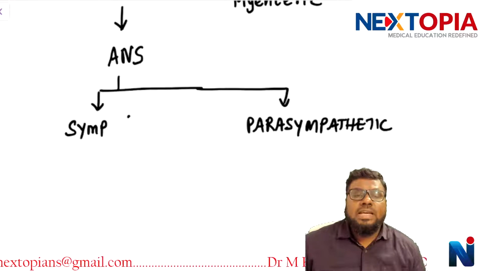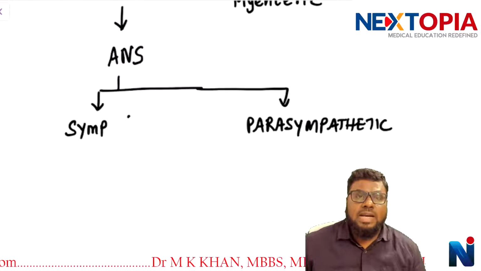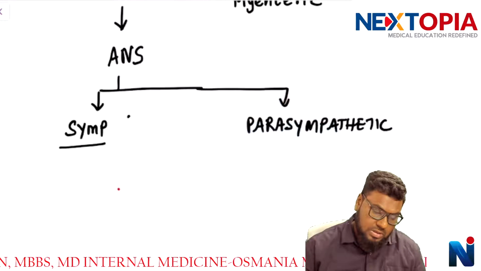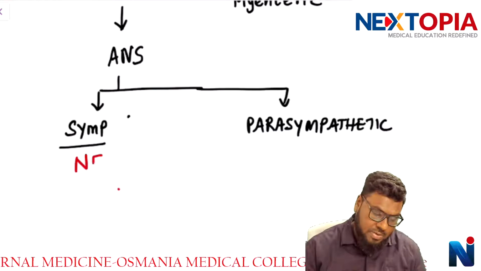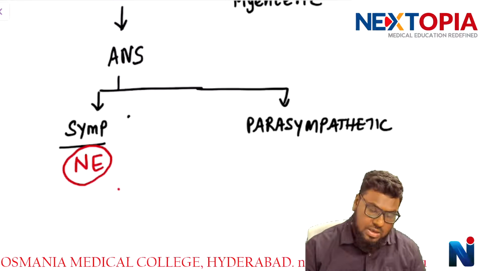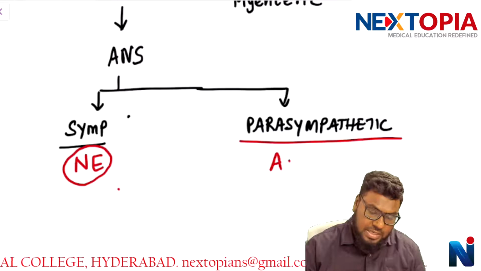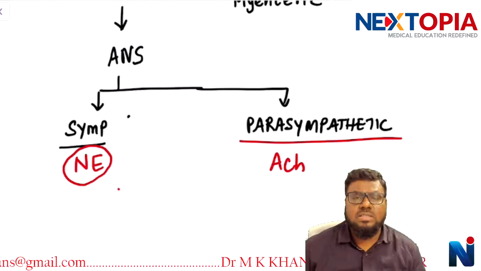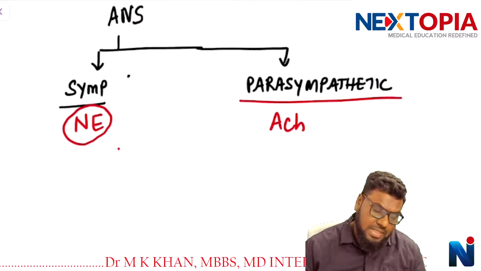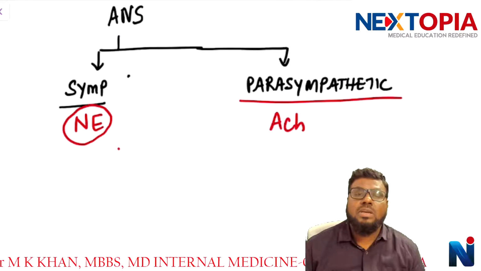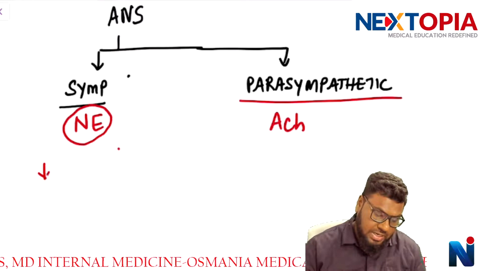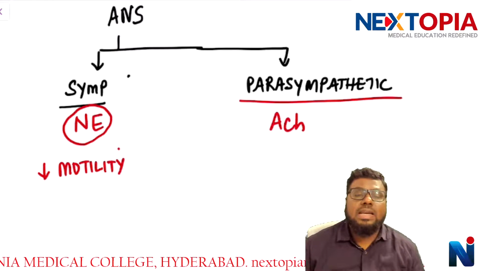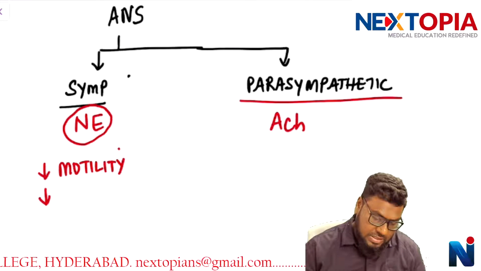So how is the sympathetic nervous system acting? The sympathetic nervous system acts upon the gastrointestinal tract with the help of norepinephrine, whereas parasympathetic acts with the help of acetylcholine and other neurotransmitters we'll discuss. Stimulation of sympathetic nervous system in the intestine results in decrease in motility and decrease in secretions.